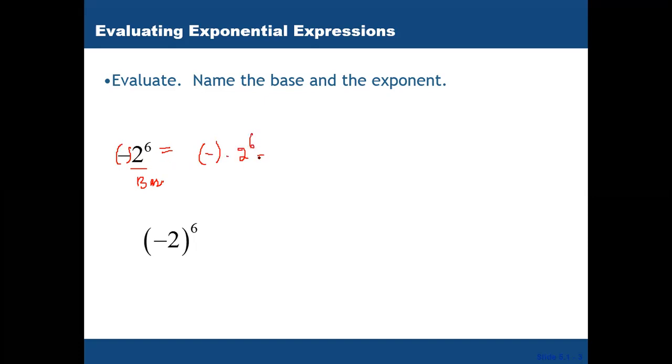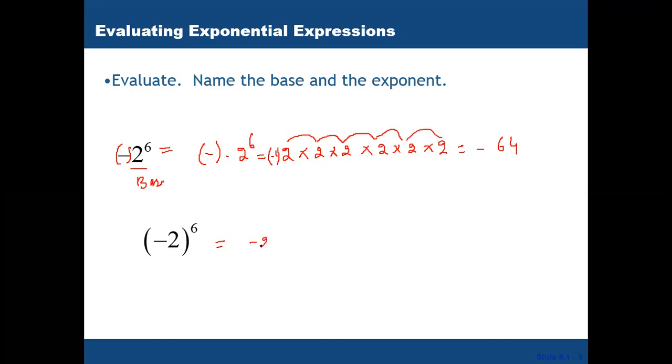So 2 power 6 means that 2 is multiplied with 2, 6 times: 1, 2, 3, 4, 5, and 6. Also we have the minus, you can write minus 1 or just minus, it's okay. If you multiply 2, 4, 8, then 16, 32, 64. This is the case without brackets, minus of 2 power 6 equals minus 64.